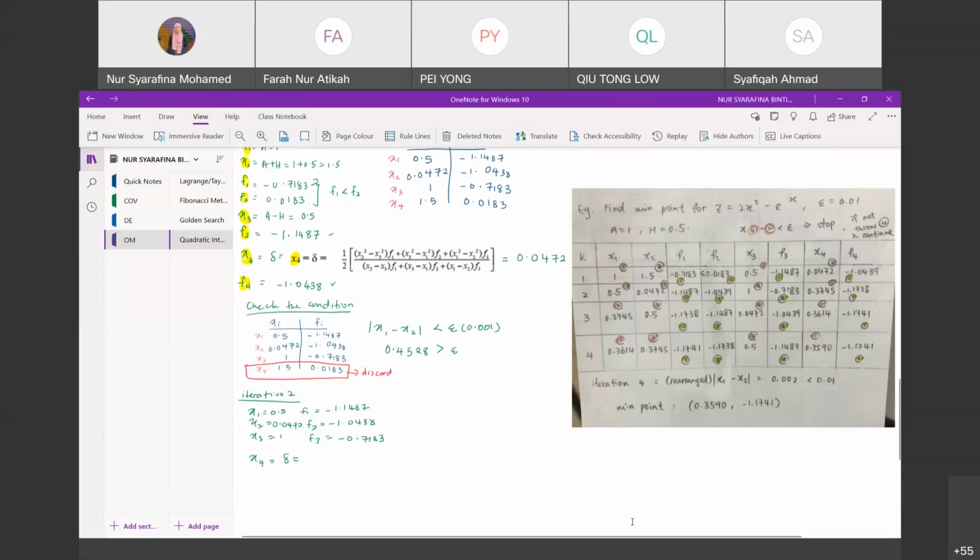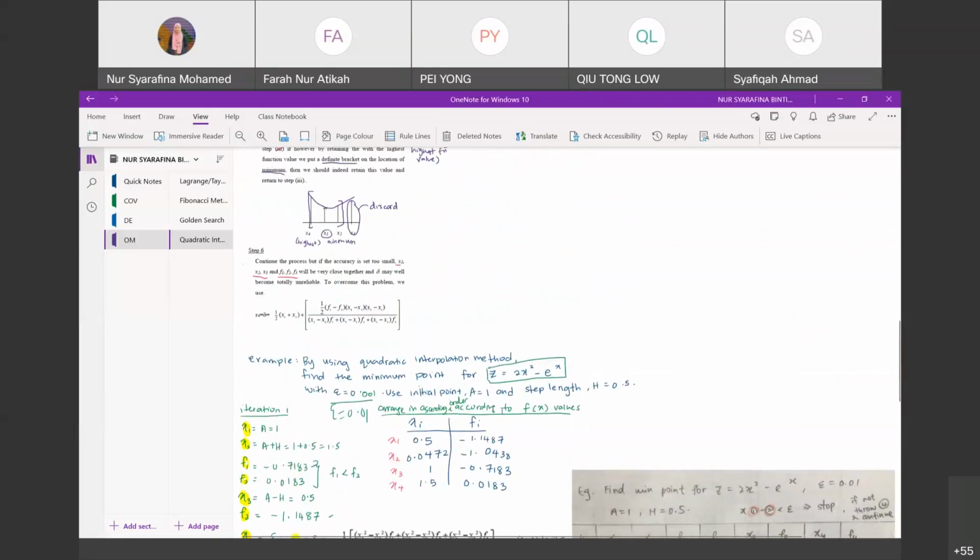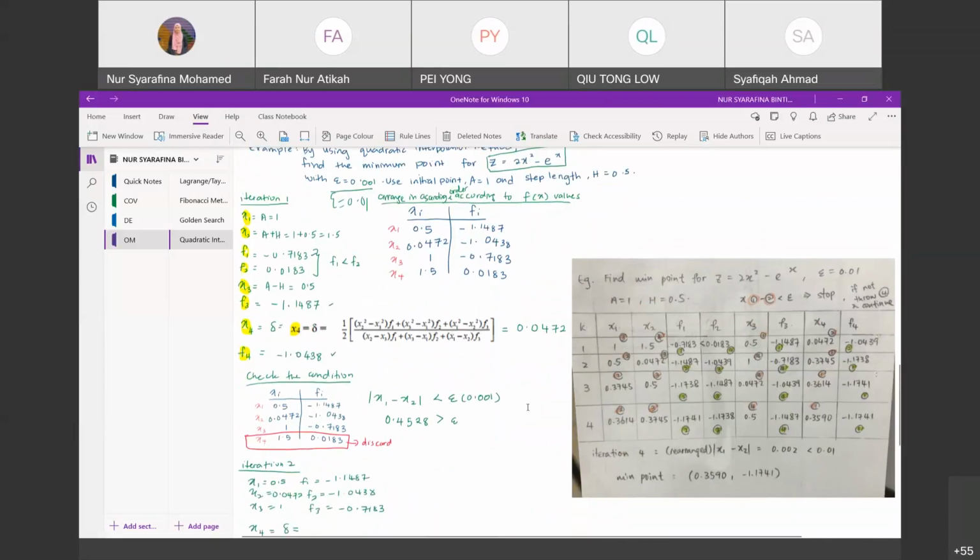Some more? I think for this one is epsilon 0.01. If you use 0.001, I think you can get up until iteration 5 only.